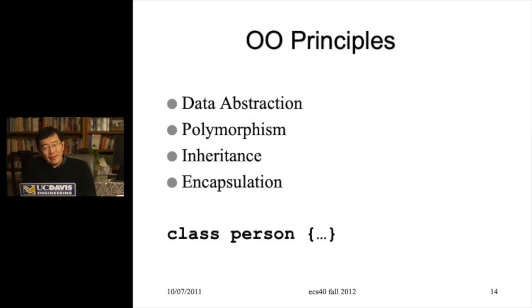Encapsulation is another one that's very important for the object-oriented principle. Encapsulation is trying to help us neglect those details that are irrelevant to what we're worried about.